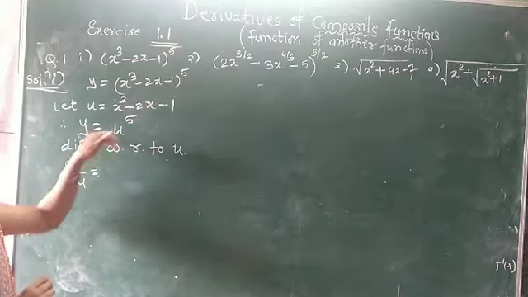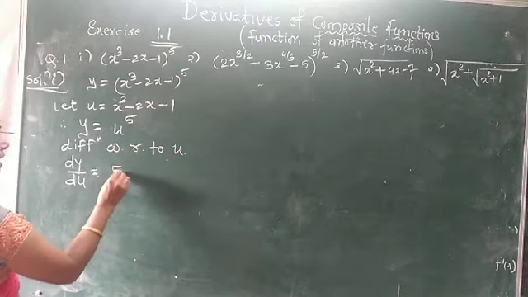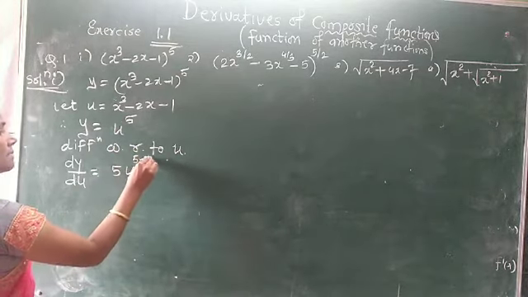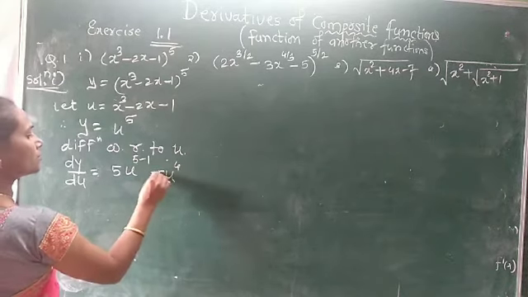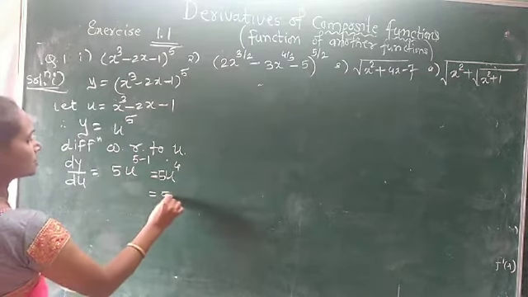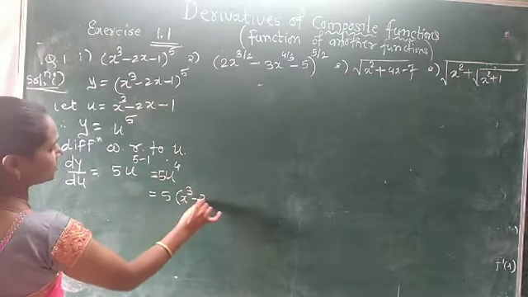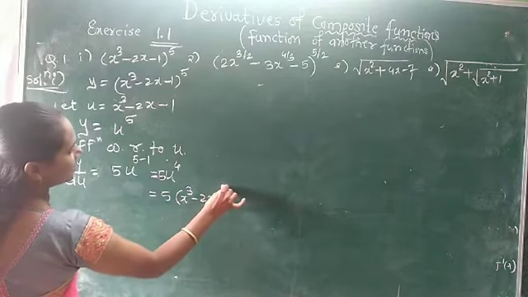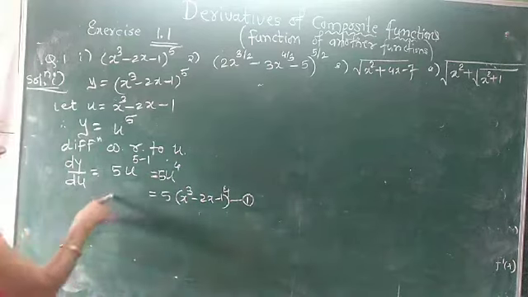The derivative of u raised to 5 with respect to u is 5 into u raised to 5 minus 1, which is equal to 5 into u raised to 4. But what is our u? Put this function here. The value of u is x cube minus 2x minus 1, bracket raised to 4. This is dy upon du.